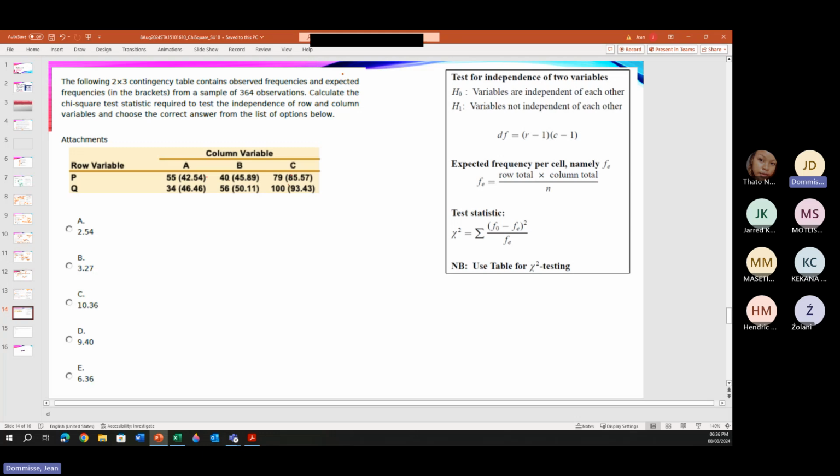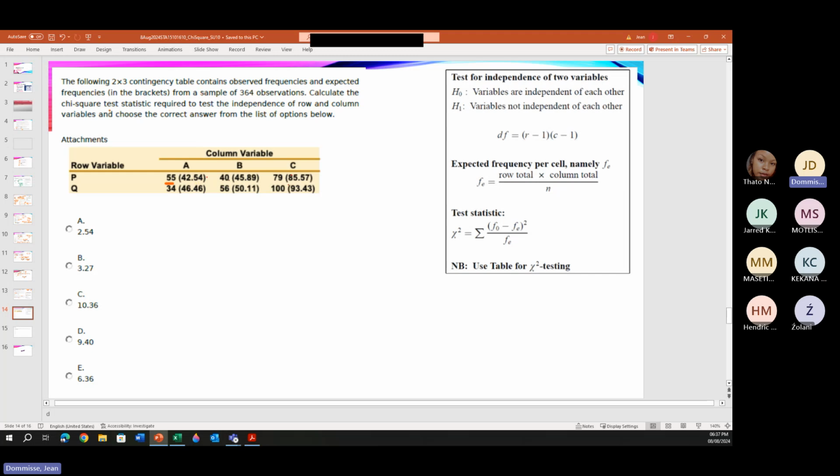Okay, so this also came out of one of the assignments. I think this was nearly the first online assignment that was done during COVID. So let's look at what they ask us. The following 2x3 contingency table contains observed and expected frequencies in brackets from a sample of 364.